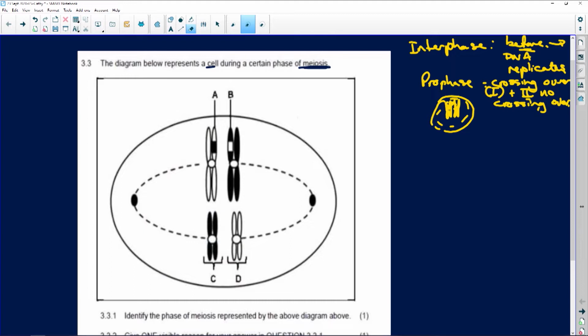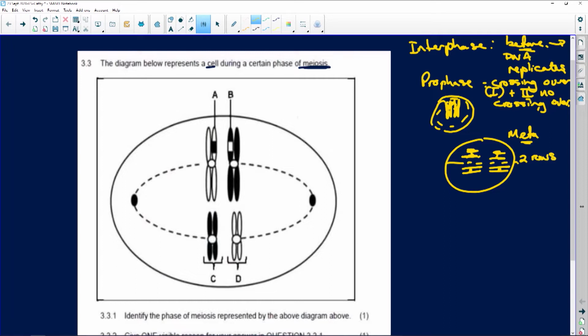Then, when we look at metaphase, during metaphase, everything is in the middle, like we can see here. So you're going to have your chromosomes lining up along the equator, either in 2 rows, then you know it is metaphase 1.